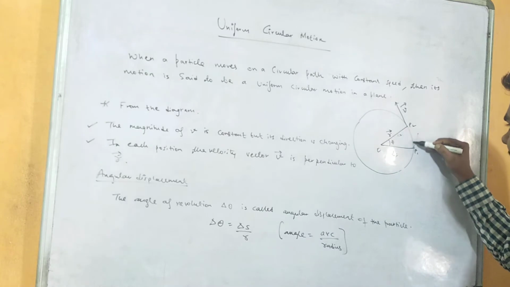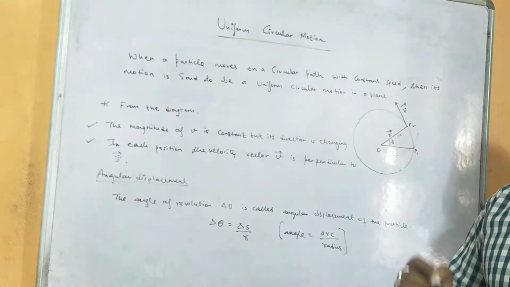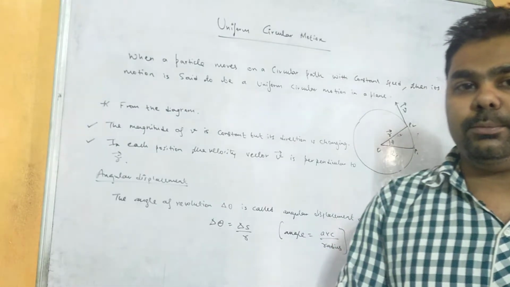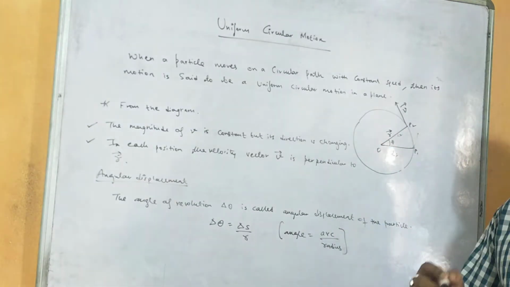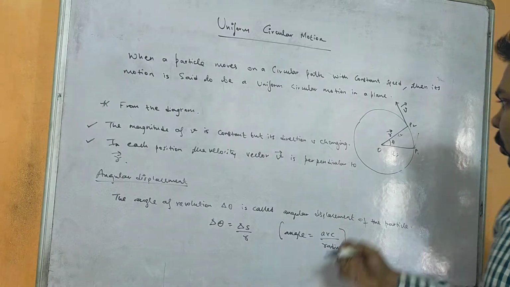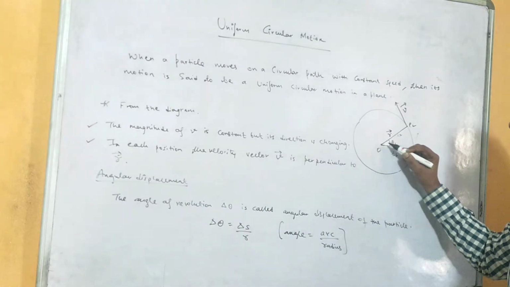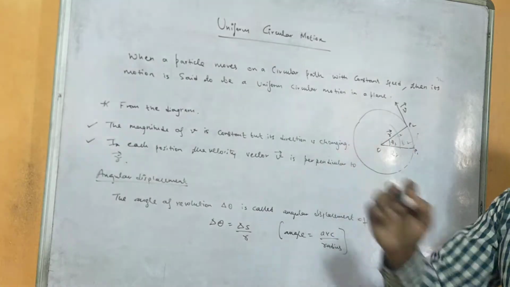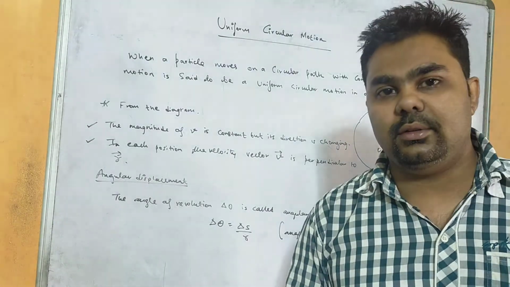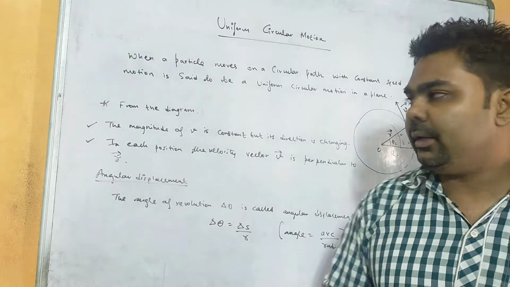So what is getting changed here? The displacement is called angular displacement. Here the displacement is along the angle, that means the angle is getting changed. Initially let us consider this is theta1, after time 2 this will be theta2. So this theta is getting changed. This is called angular displacement, right?